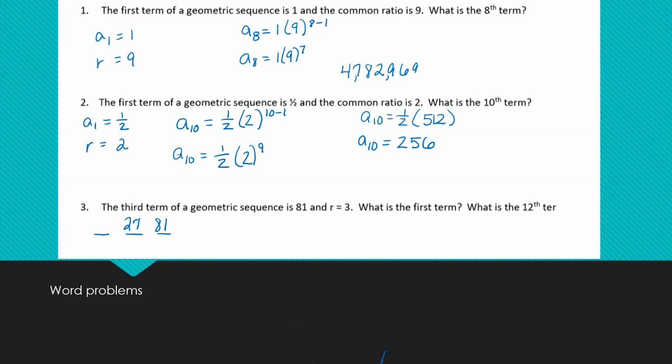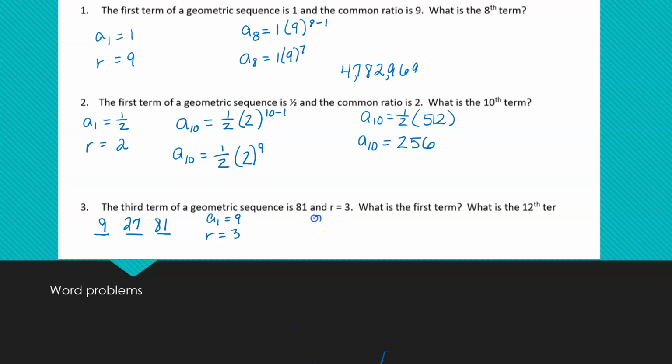And we're going to divide that by 3, which gives us 9. So the first term is 9, and the ratio is 3, common ratio. Now we want to know what the 12th term is.